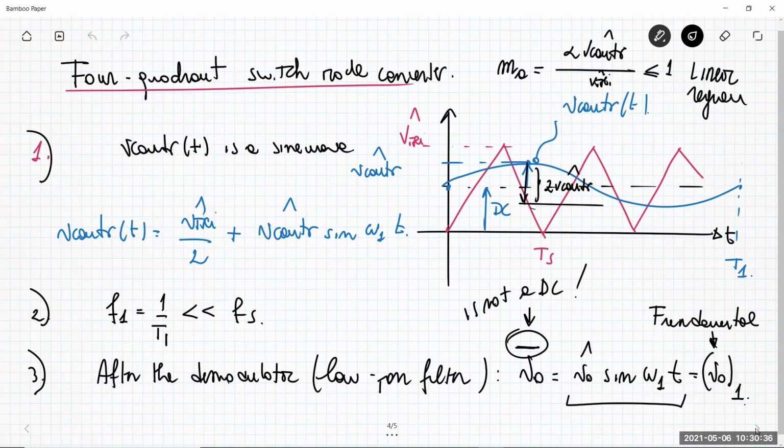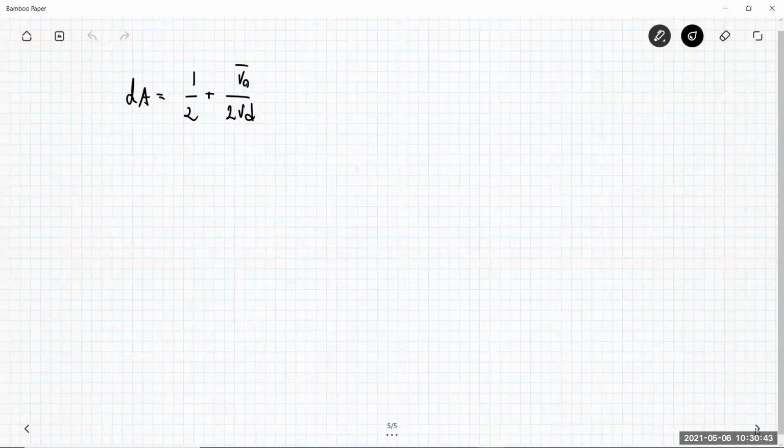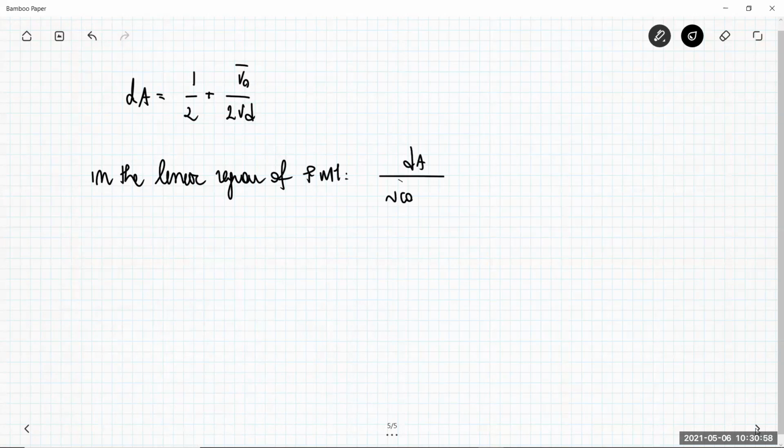If you are in the linear region of our modulator, then we can express the transfer function of the modulator in this way. We have that dA over V control is 1 over V triangular peak.